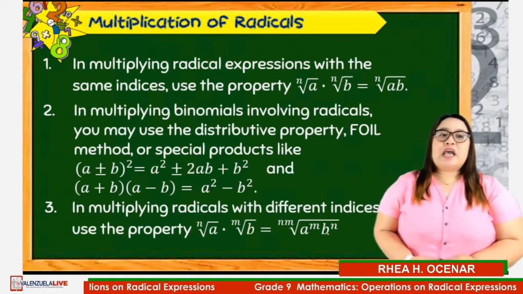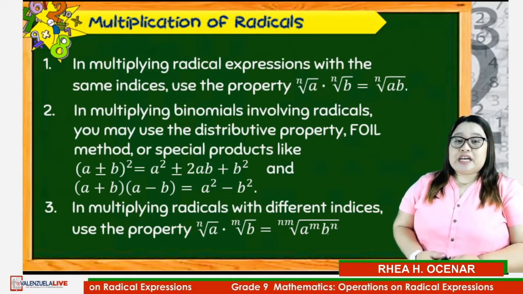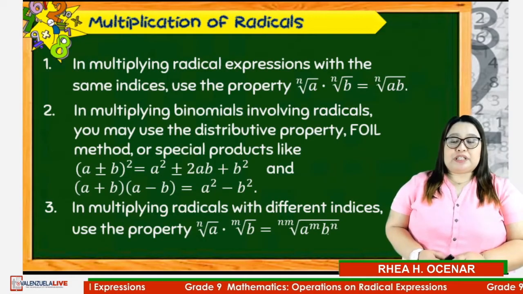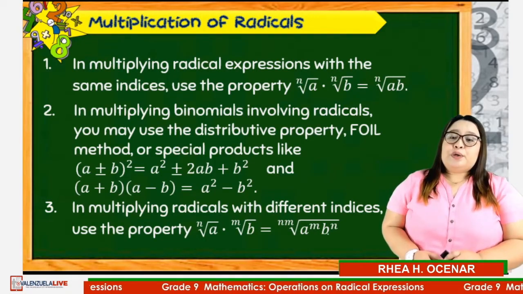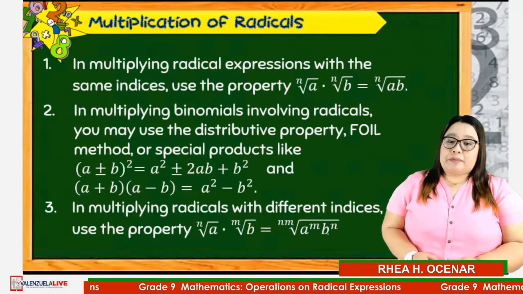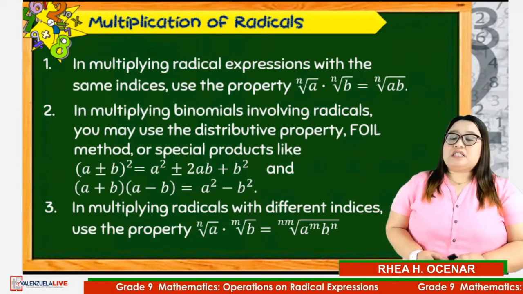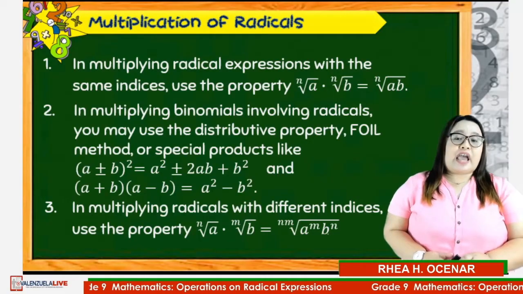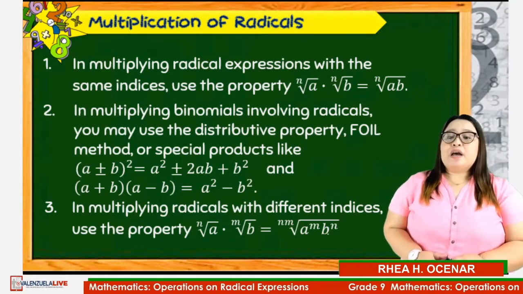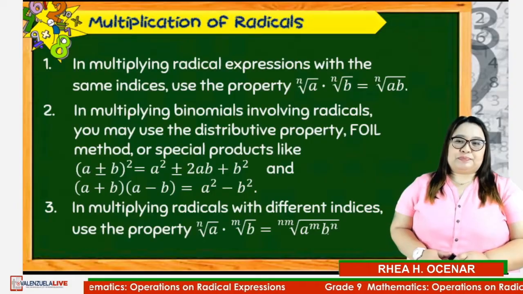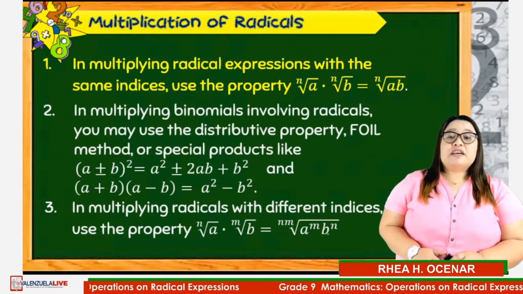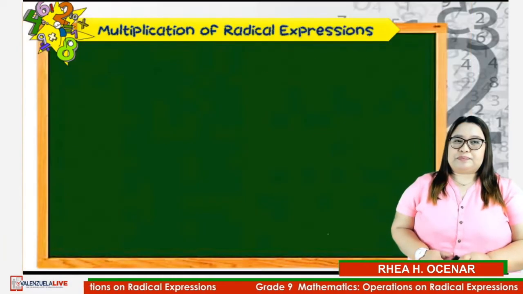Number 3, in multiplying radicals with different indices, use the property nth root of a times mth root of b is equal to mn-th root of a raised to m, b raised to n. Example for case number 1.